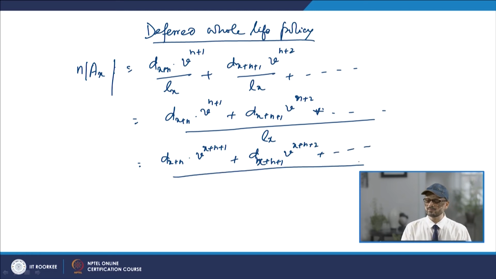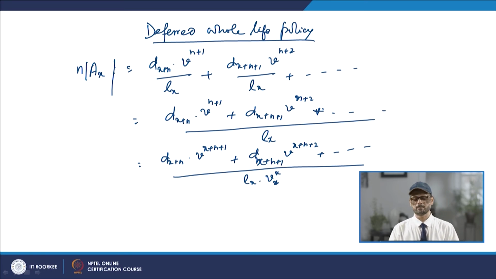And then since you have multiplied with Vx on the bottom also, it will be Lx into Vx. We know that Lx into Vx is dx, so it will be dx.